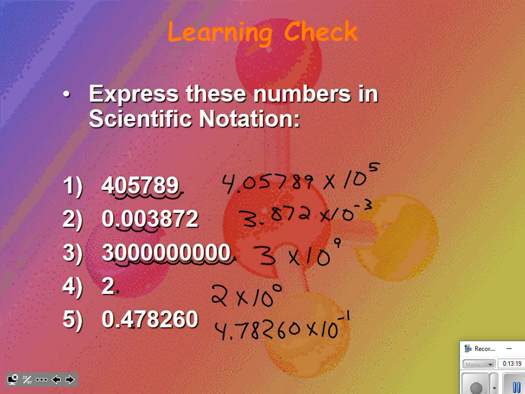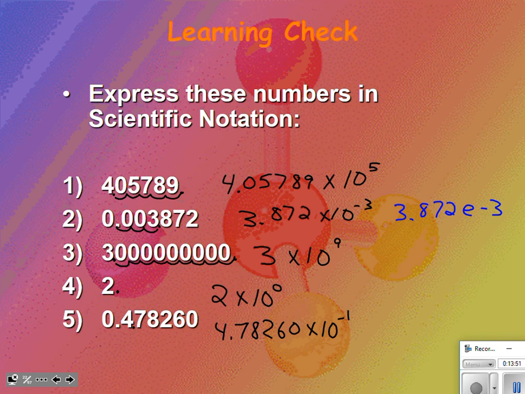But if I were going to write, let's say this number right here on WebAssign, I would put 3.872 e to the negative 3. That's how I would write that number on WebAssign.